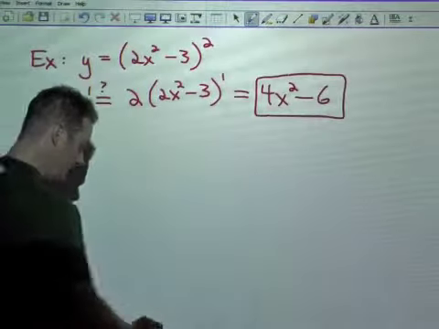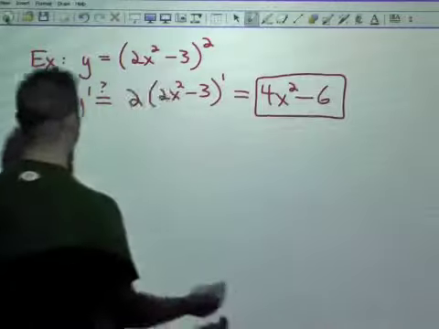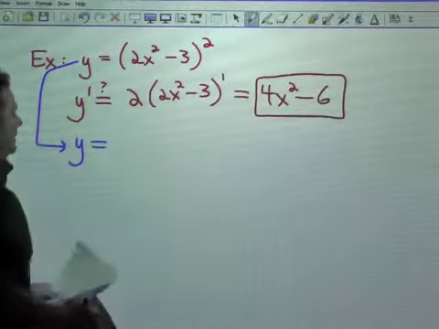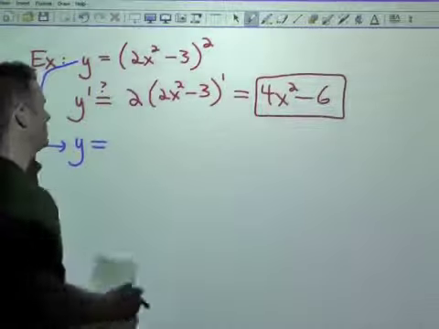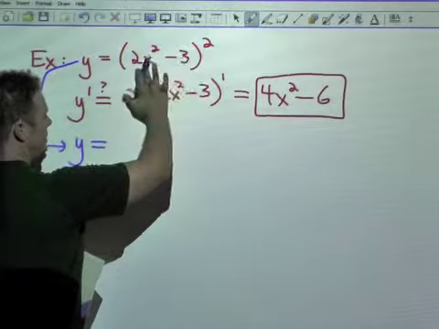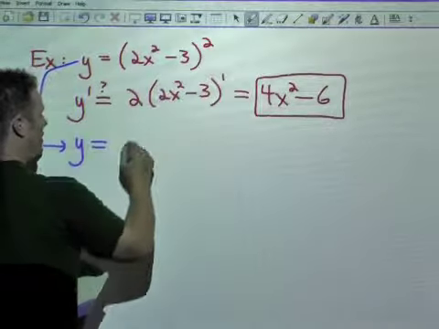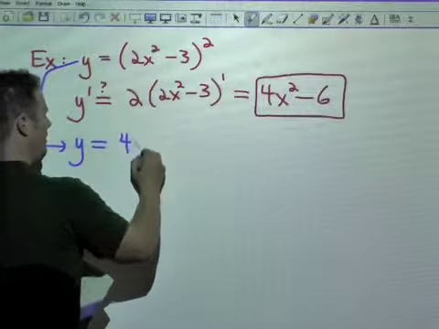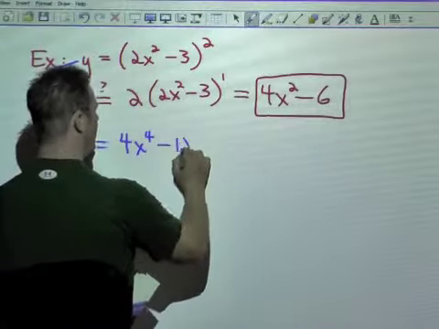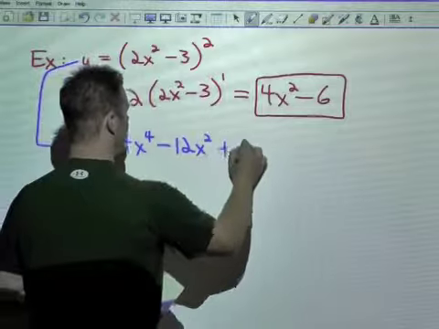Well, again, we've got a different way to do this problem. If I go back to the original, I can actually square that out using algebra. So I have to FOIL this times itself, and the answer that I would get would be 4x to the 4th minus 12x squared plus 9.